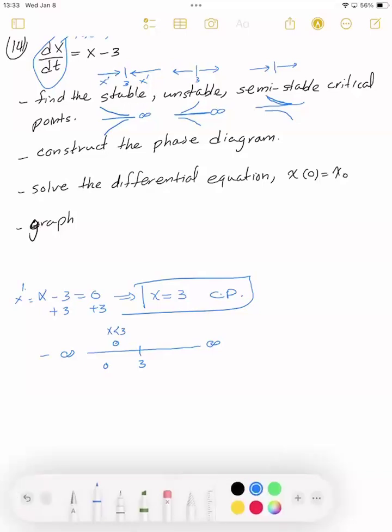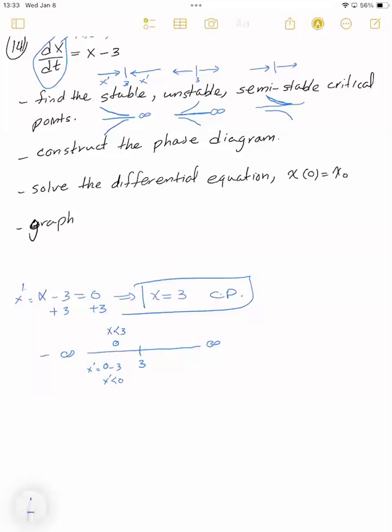We get 0 minus 3. So x prime is negative 3, so x prime is less than 0. If x prime is less than 0, then the arrow or the curve is going this way. Then we pick a number greater than 3, such as 4.